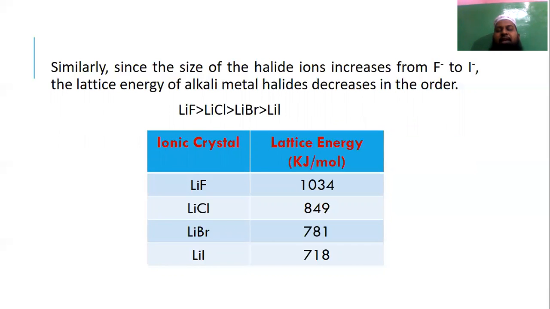In the previous slides I said the smaller the radius of the anion, the higher the lattice energy. The larger the radius of the anion, the lower the lattice energy. So lithium has a smaller radius than iodide.